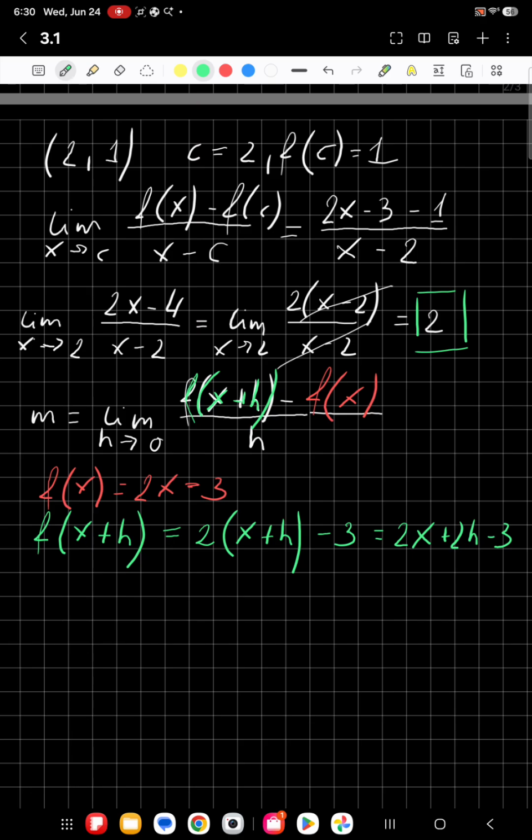Now I'm going to take both of them. I'm going to take the green one and put it right there, and then the red one. So that equals the limit with h approaching 0. Now we have the green part, 2x plus 2h minus 3.